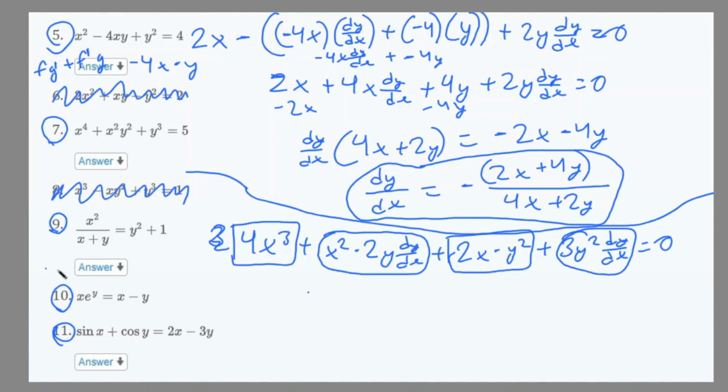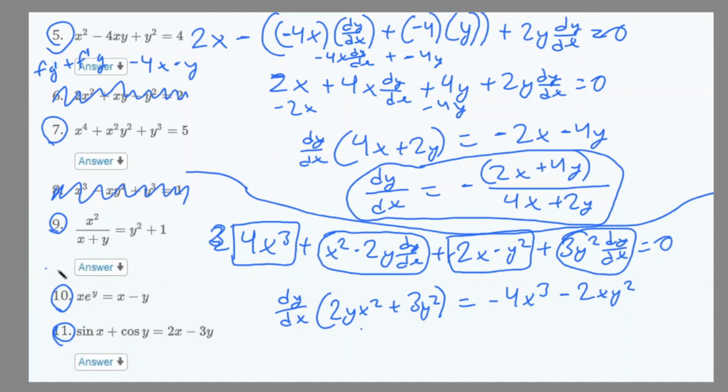If we move the squares to the other side and keep the ovals on the left side, we get dy dx, open parentheses, 2yx squared plus 3y squared, is equal to negative 4x cubed minus 2xy squared.